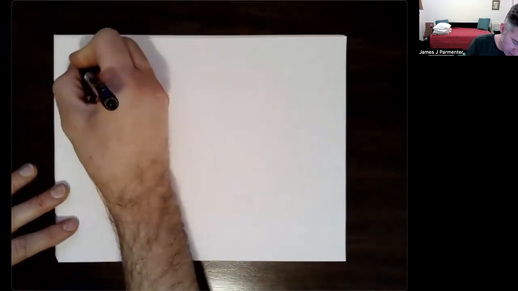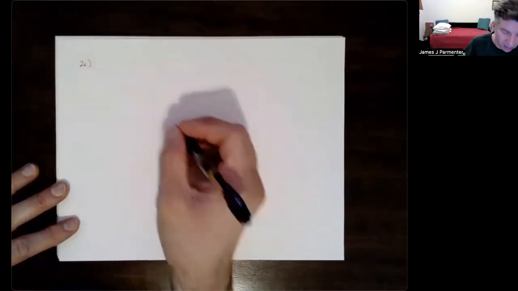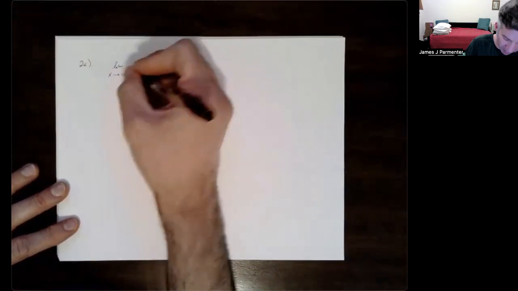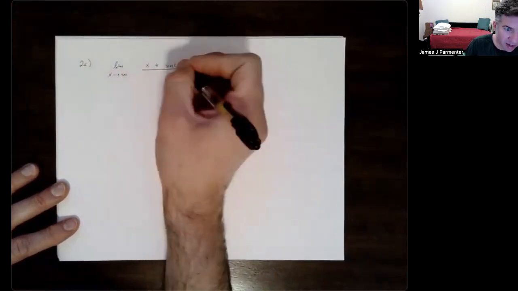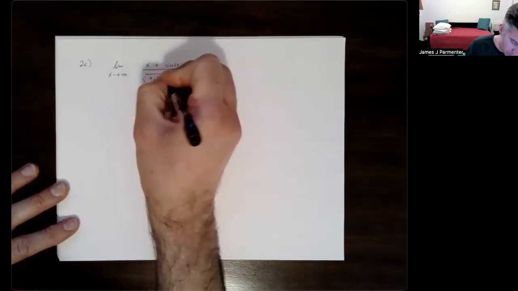Problem 2, some limits. A reminder for Gravner's class, L'Hopital's rule is in play, so you need to consider possibly having to use L'Hopital's rule. So for 2a, we're finding the limit when x goes to infinity of x plus sine of x divided by the square root of 9x squared plus 1.